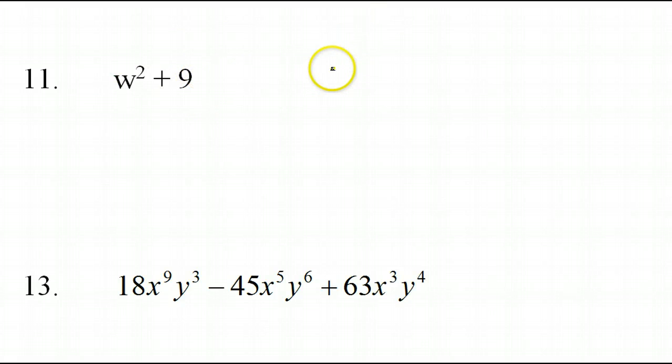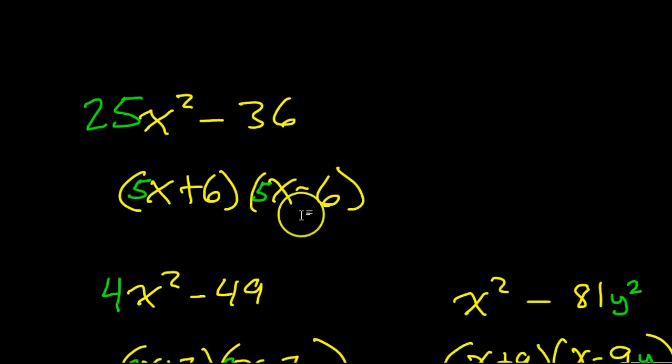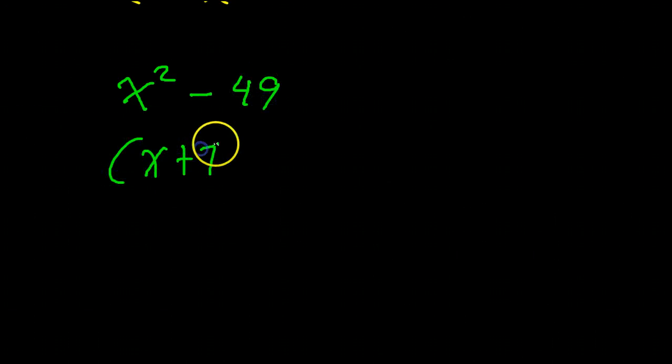Now I remember practicing something called the difference of two squares. Okay, that's where we did things like x squared minus 49. Well, that's going to be x plus 7 times x minus 7.